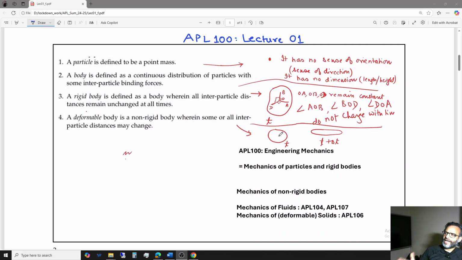Whereas liquids and gases, if you focus on a chunk of liquid or a chunk of gas, we can call that as a liquid body or a gaseous body. Such bodies, liquid bodies or gaseous bodies, are always deformable.